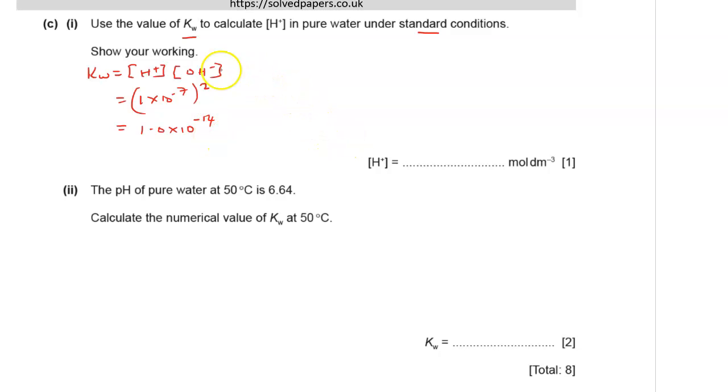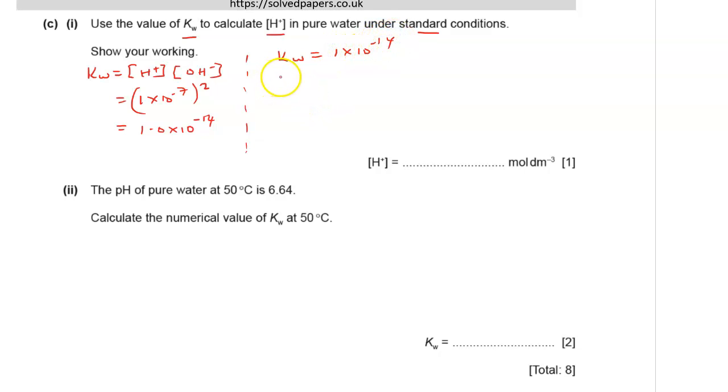Now, we need the concentration of hydrogen ions. Of course, we are using the value of Kw, which is the ionic product of water, 1 times 10 raised to power minus 14.